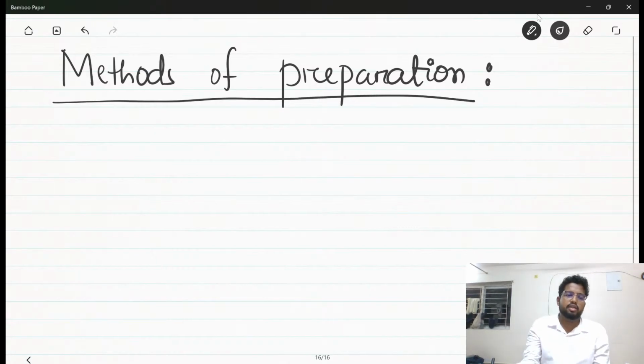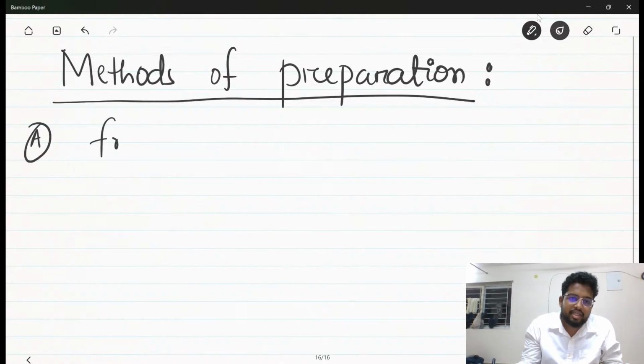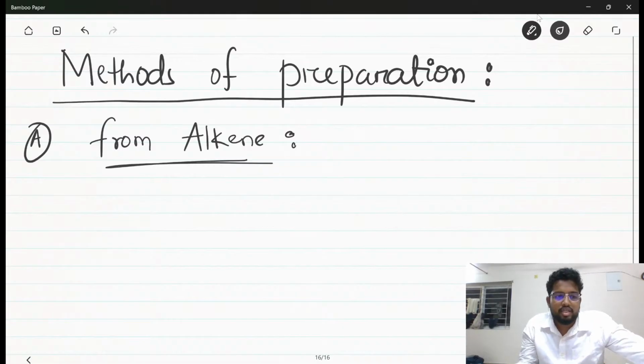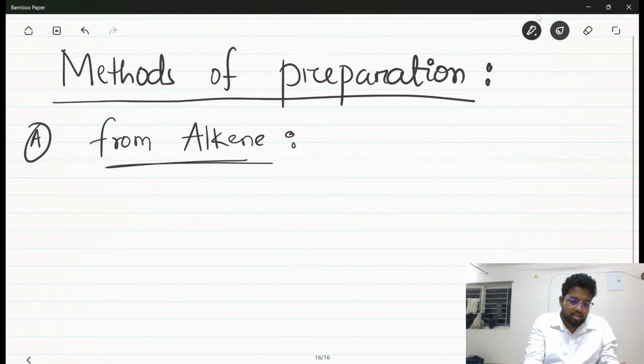From here, the real part starts. First, from alkene. Do you remember what an alkene is? Yes, you know. Tell me what exists in an alkene?